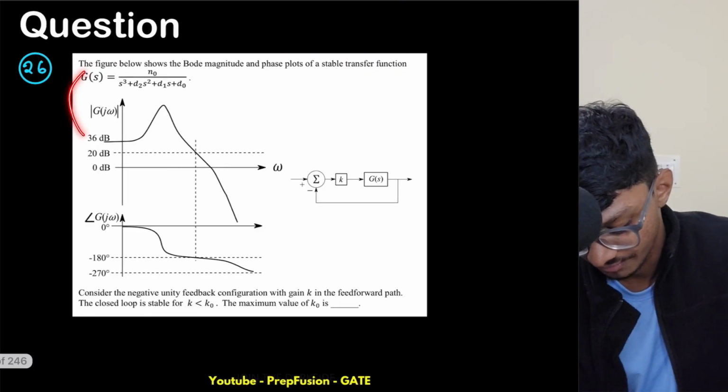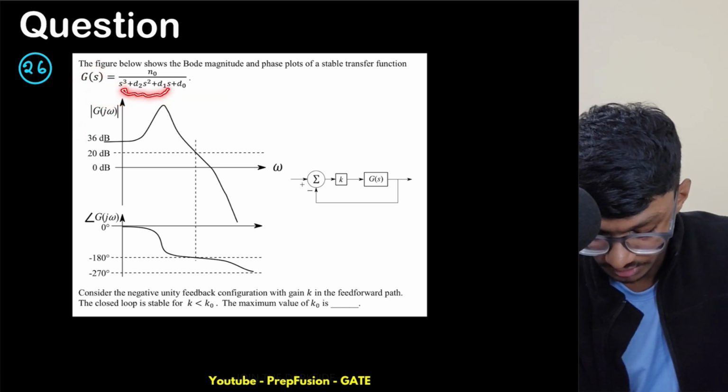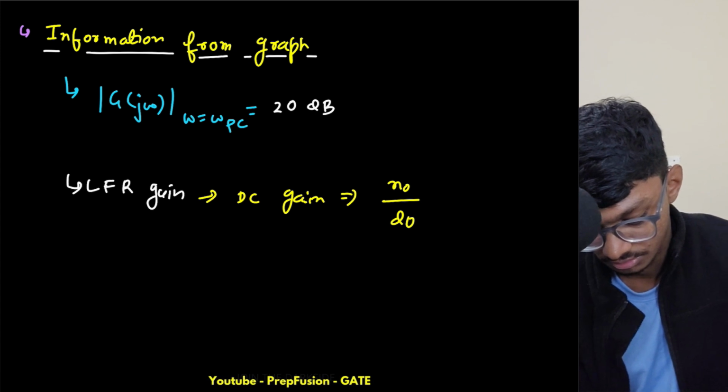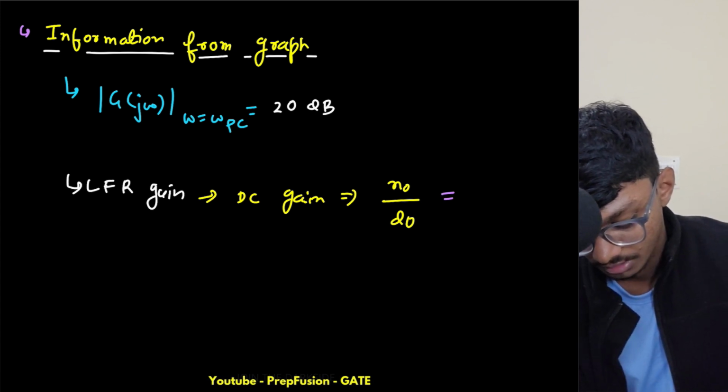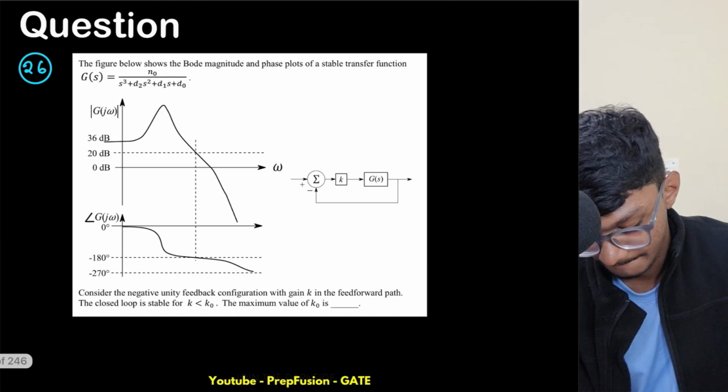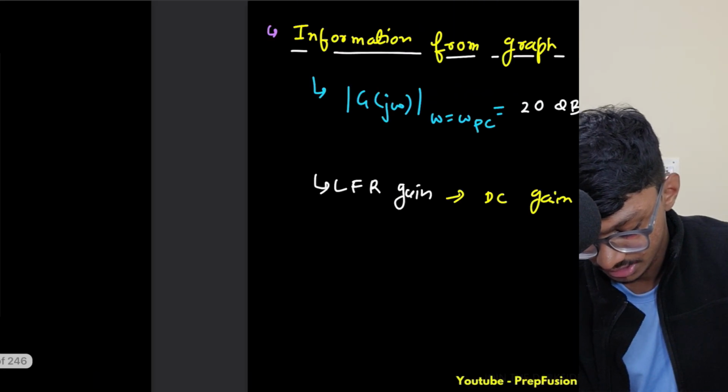You put s equals 0 over here, so obviously all this will get cancelled, only N naught by D naught will remain. So this is equal to what? This is an absolute scale and they have provided us in dB scale. Okay, so dB scale is 36 dBs.